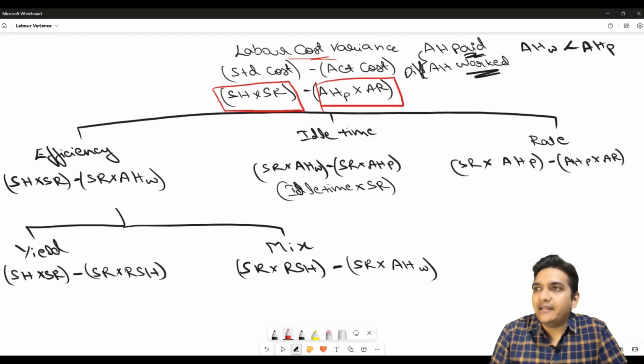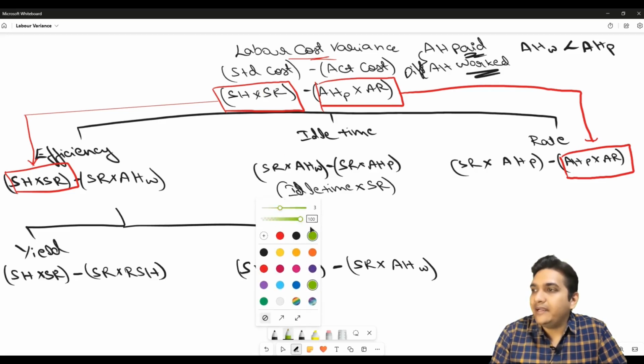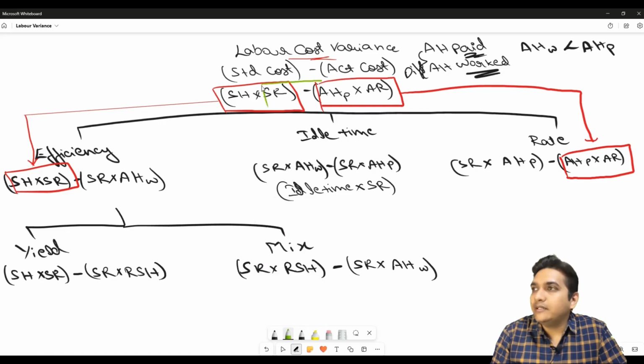The first part of the labor cost formula becomes the first part of the efficiency variance. The second part of the labor cost formula becomes the second part of the labor rate variance. You take the middle two terms, standard rate and actual hours paid, multiply them, and it becomes the first part of our rate formula, and also the second part of our idle time formula.